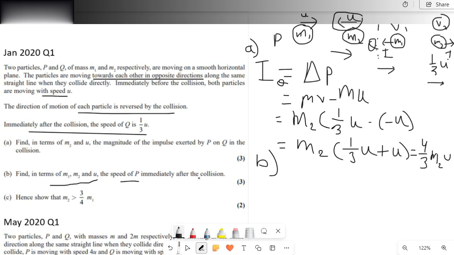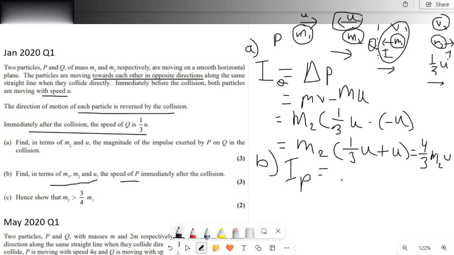For B, we have to find, in terms of m1, m2 and u, the speed of P immediately after the collision. There are mainly two ways of finding the answer. Either you can use the conservation of momentum, or you can use the principle of momentum impulse. The impulse of P is towards the left as seen here, but it should be equal to the impulse of Q in the opposite direction.